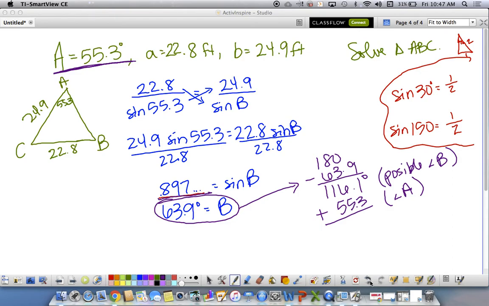When I add, I get 169.4. If the angles you get add up to be less than 180, you have two possible triangles.